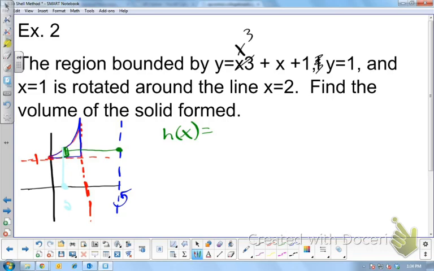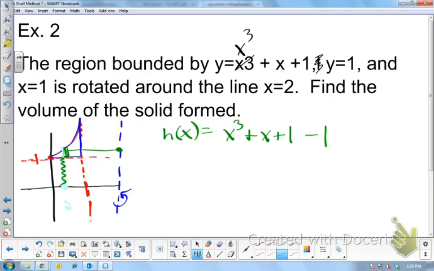How am I going to get rid of that extra space that's not actually used in the height? Minus 1, we take it away. We don't want all of this stuff. All of that stuff is a distance of 1, so we take it away. So our height is x cubed plus x plus 1 minus 1, because we're trying to take that empty space out of our equation.